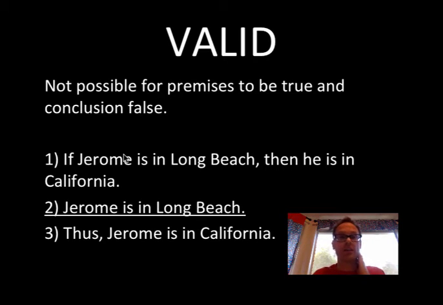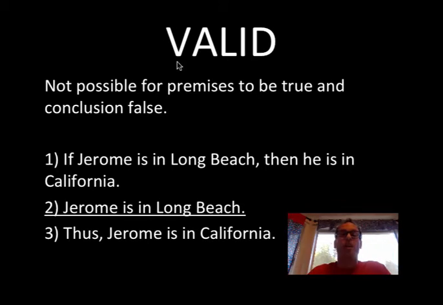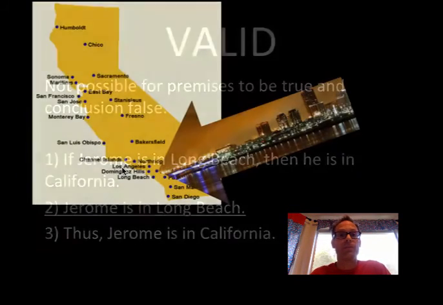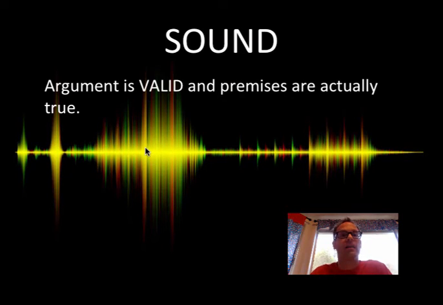Or is he visiting his friend in Nevada or something like that? If he's not actually in Long Beach, then this is not a sound argument. It may still be valid, because valid says, look, if the premises are true, does the conclusion follow? But a sound argument says the argument is valid and the premises have to actually be true. So that's the difference between validity and soundness, right?